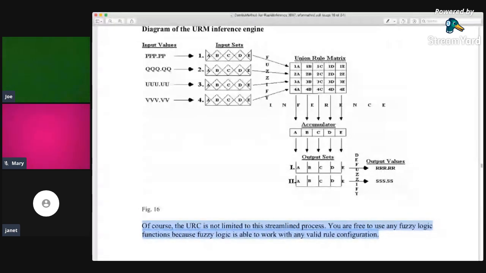So there's the activity of getting your prior probabilities. And then once you have your prior probabilities, then you apply them, okay? So I would think that this specific URC would be very applicable in developing the prior probabilities.